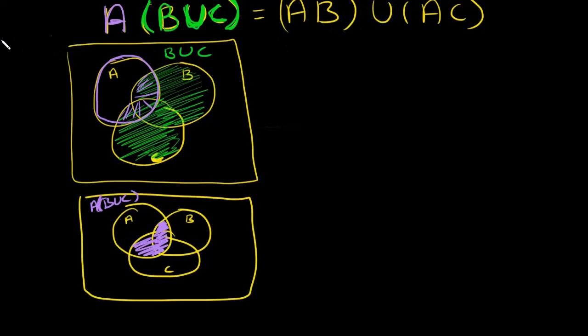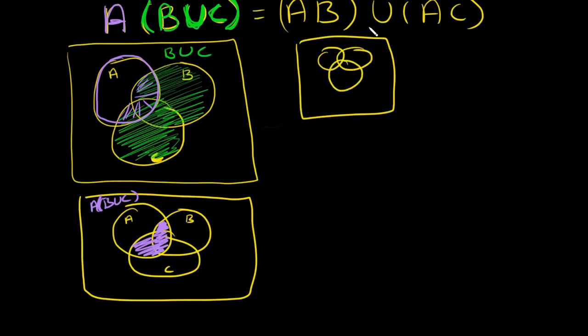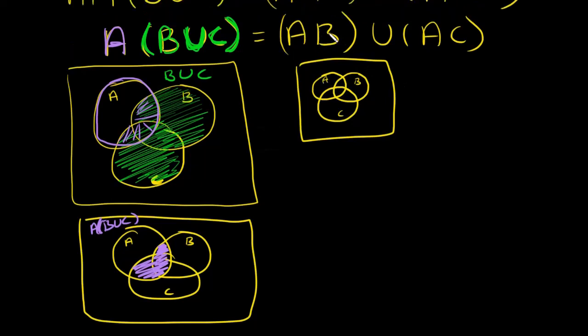All right, so now let's go over to the right-hand side of the equation. I have my Venn diagram. Let me draw that a little better. Okay, so I have A, B, and C. This first part here is A intersection B. Where does A intersection B happen?